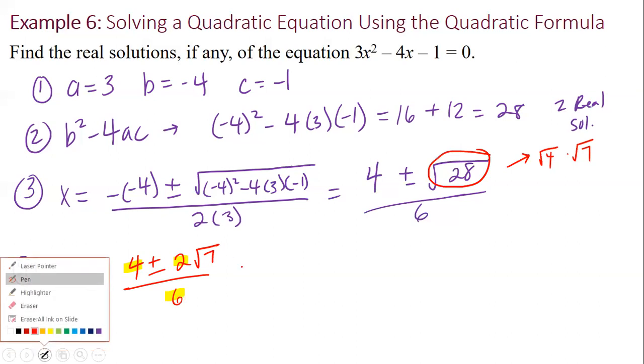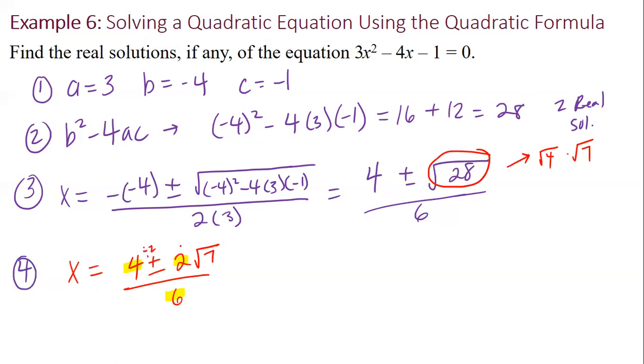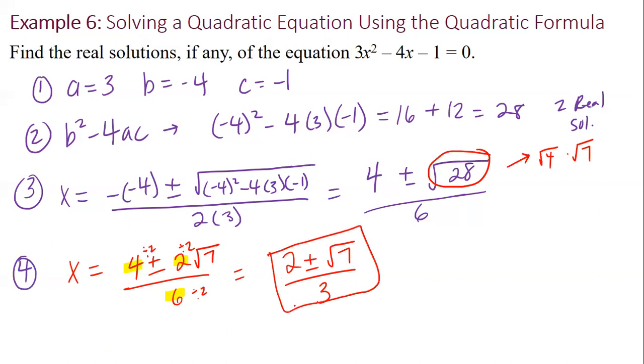So when I divide them all by 2, I get 2 plus or minus square root of 7 over 3. I divided by 2, right?